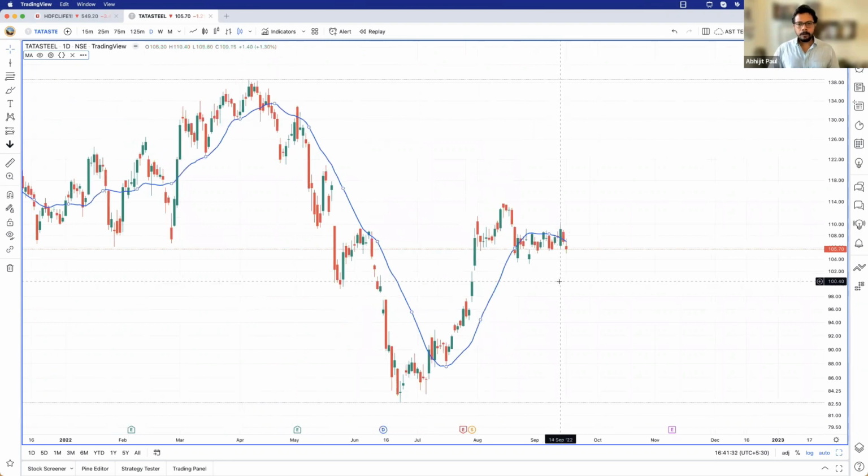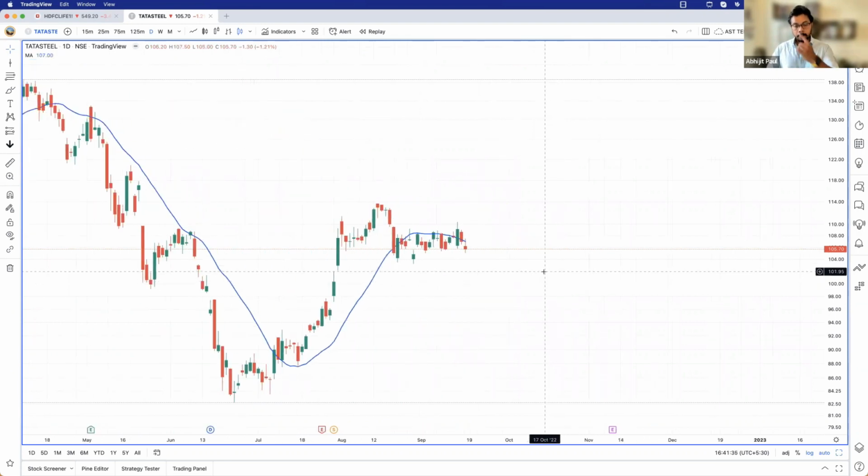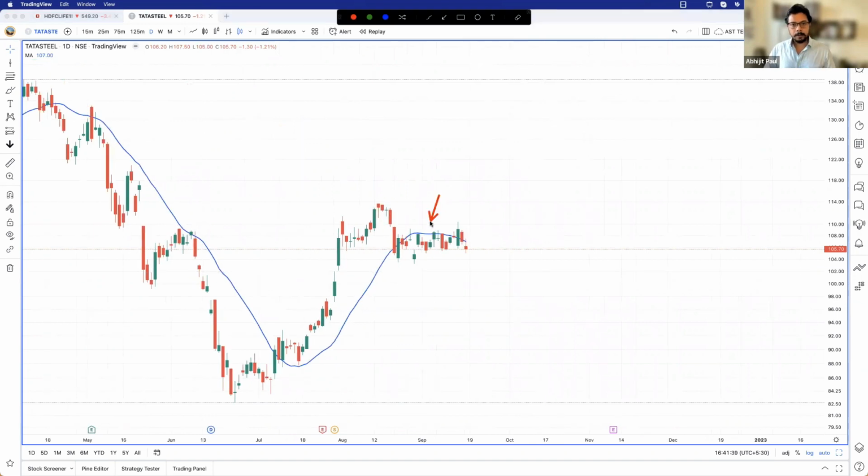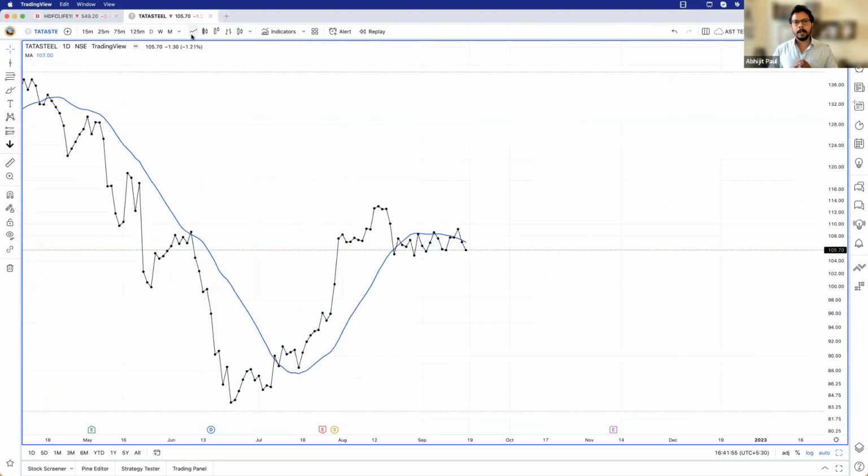Now, this blue line, if you remember, this calculation is coming from the closing prices. But when you're looking at the candlesticks, you're looking at all four price points: open, high, low, and close. So for a much better understanding, why not change this candlestick to a line chart?